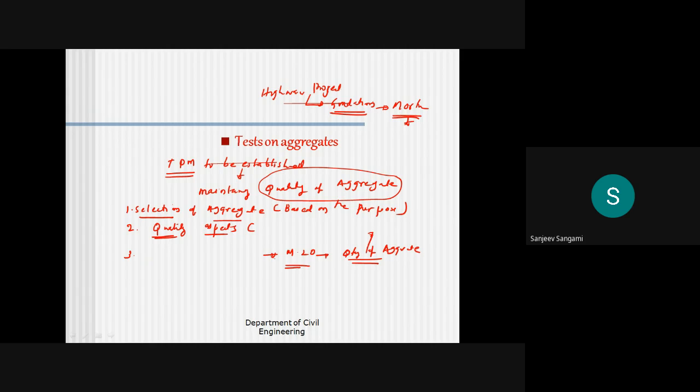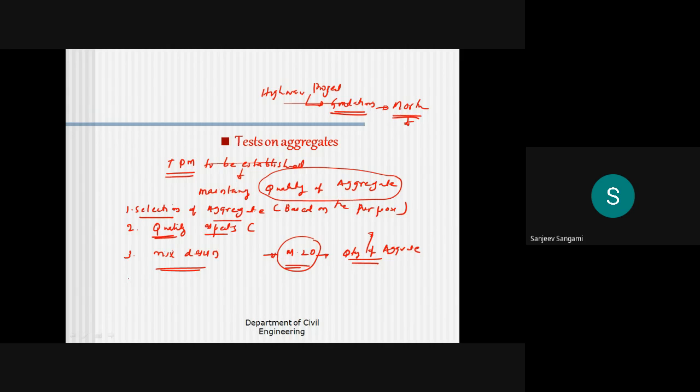If a proper mix design is there, then there will not be any problem associated with the total quality management of the aggregate. If somewhere in any of these stages you go wrong, definitely it is going to affect.